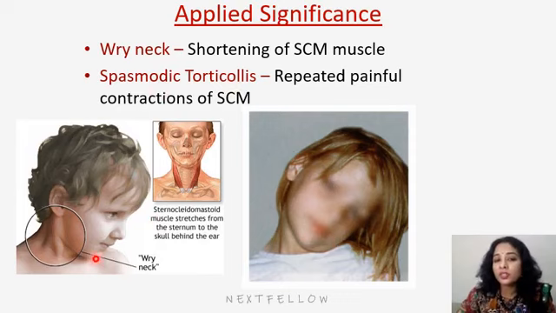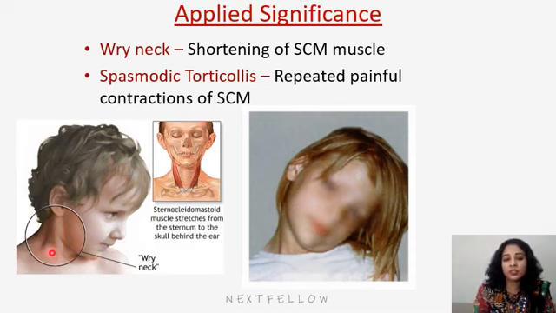Shortening of the sternocleidomastoid can be acquired and congenital both. Congenital, by birth there is a spasm of the sternocleidomastoid muscle. Acquired, it is due to some pain or spasm. They tend to keep the bending of the head like this. So this is the wry neck and spasmodic torticollis.